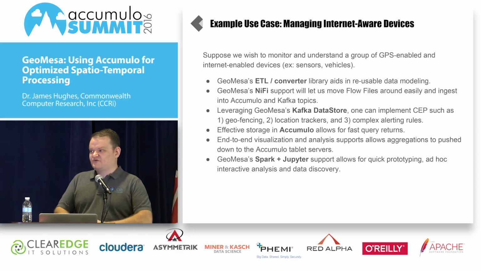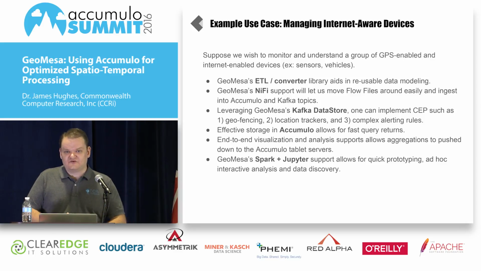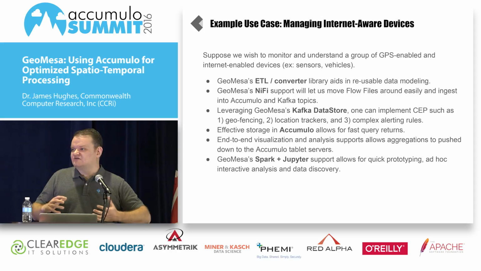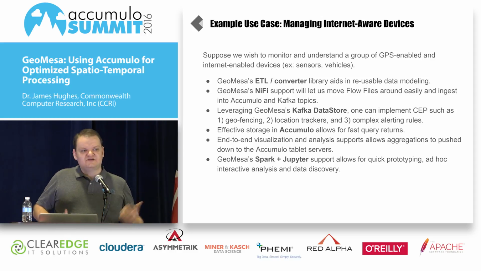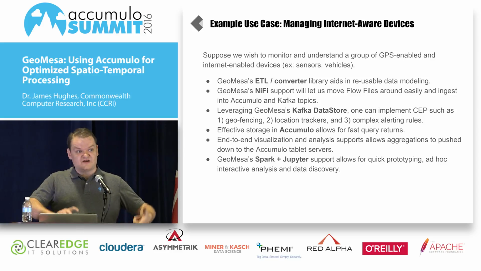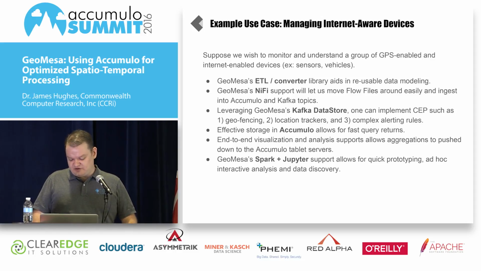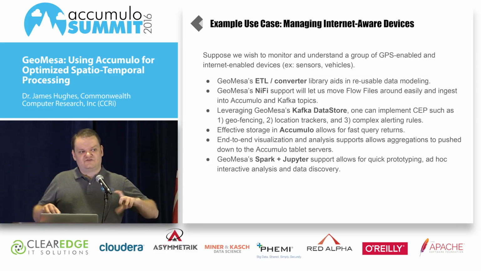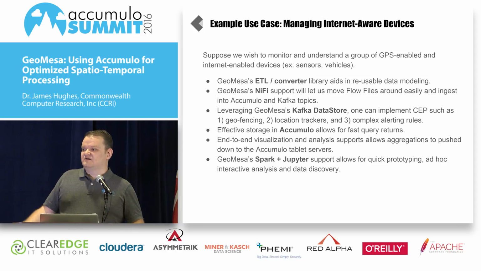Okay, so let's talk through a typical use case that we might have for GeoMesa. The first thing is we have an ETL converter library capability that's going to help us get data into the system easily, so that whenever you bring your mission data, your particular data set you're interested in working with, we've got a way to transform it into records that GeoMesa can work with. For data management and streaming capability, we have integration with NiFi and Kafka.